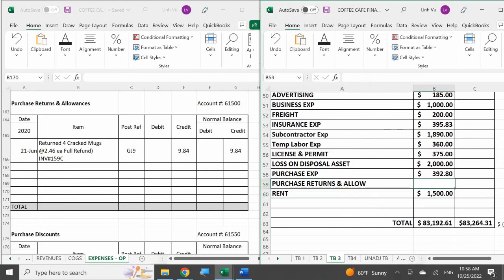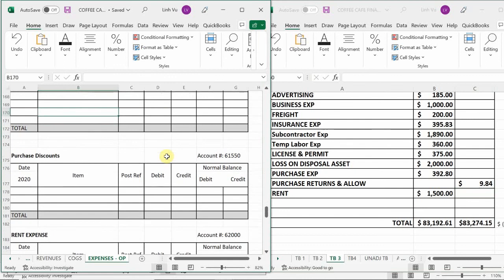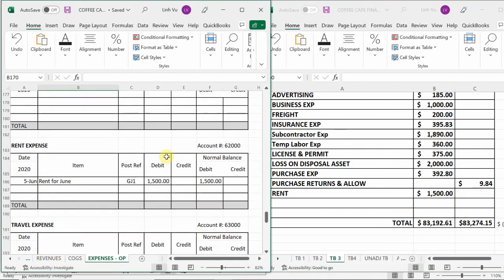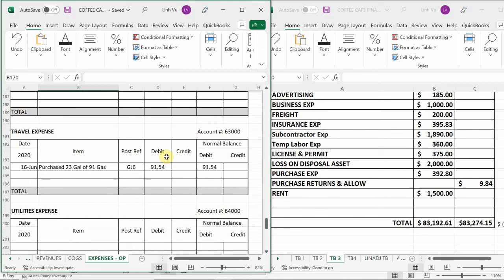And this one is a credit for how much? $9.84. I'm gonna retype that in. $9.84. Okay. No purchase discounts. Rent. Still the same at $1,500.